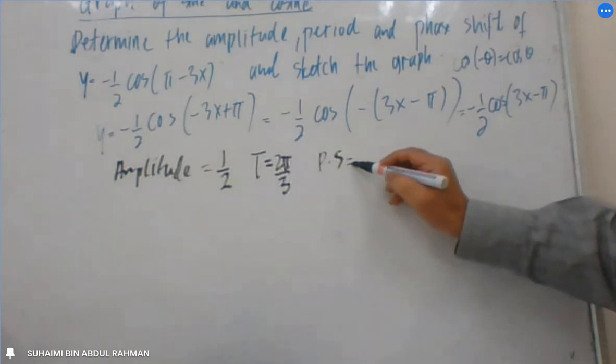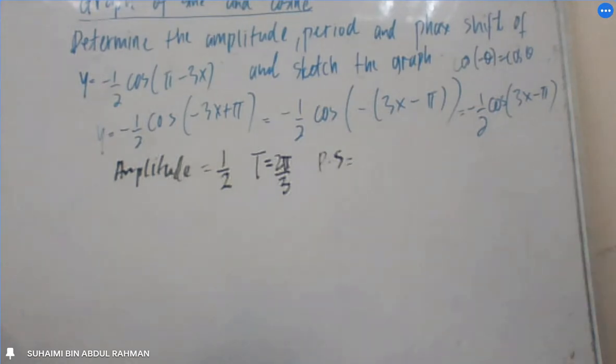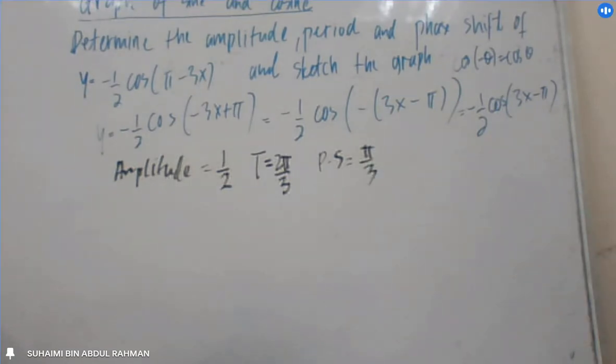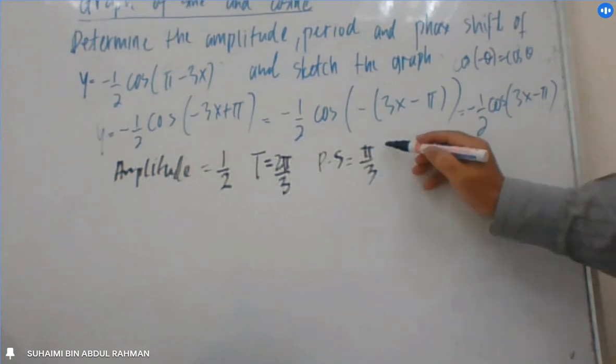Phase shift: pi over 3. Remember that the formula of phase shift is minus C over B. Minus pi over 3: minus and minus become plus. That's the reason why we get pi over 3 only. Plus means that we shift to the right.